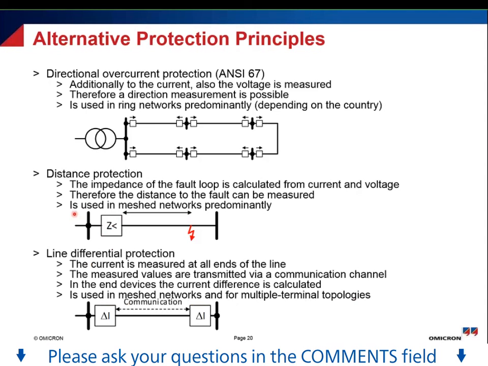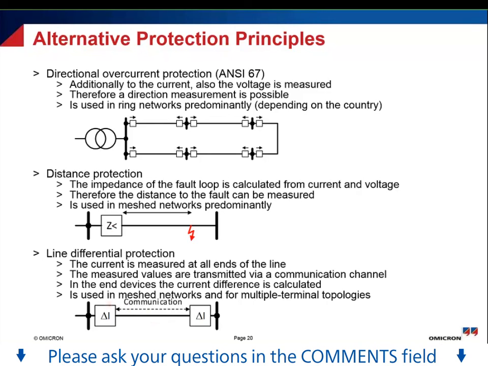Okay. And last but not least, we have the line differential protection. Here you can see the current is measured at all ends of the protected area. So you see this is our line, and the current is measured here and here. Additionally, you have a communication between both protection devices.